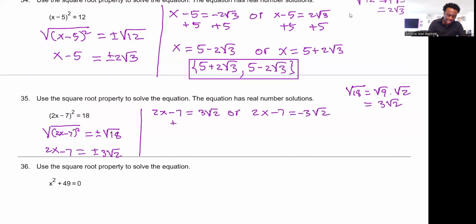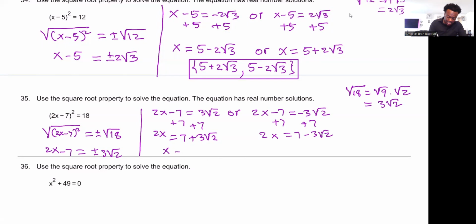And then we add 7 on both sides. Add 7 for this equation as well. 2x equals 7 plus 3 square root of 2. And then 2x equals 7 minus 3 square root of 2. And then the last step would be to divide both sides by 2.